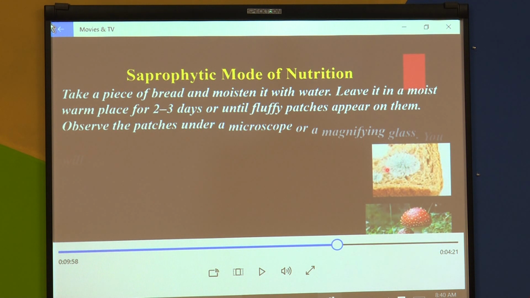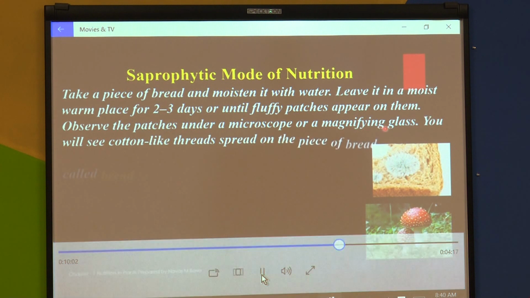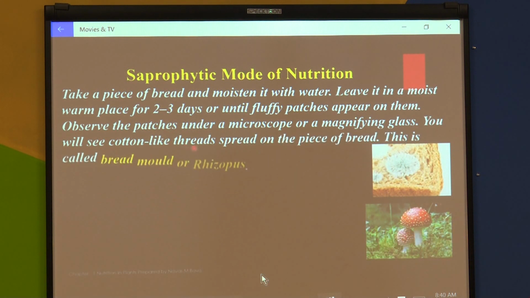So here also, take a piece of bread, moisten it with water, leave it for 2-3 days and observe the patches. There is no need of a microscope; although it is mentioned to use a microscope or magnifying glass, you can sometimes see with naked eyes also.